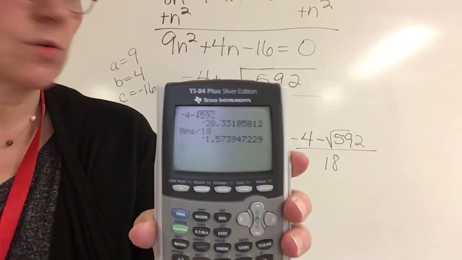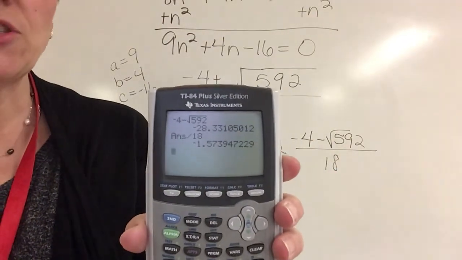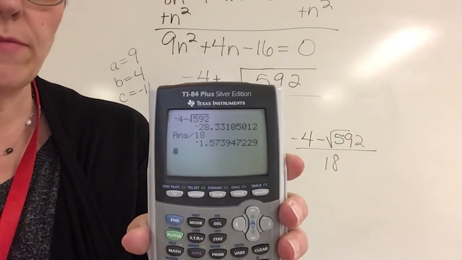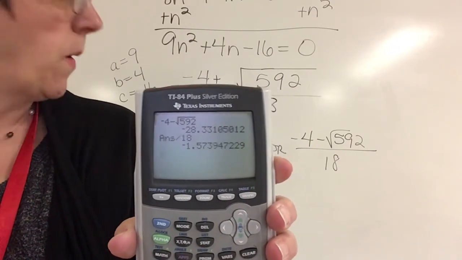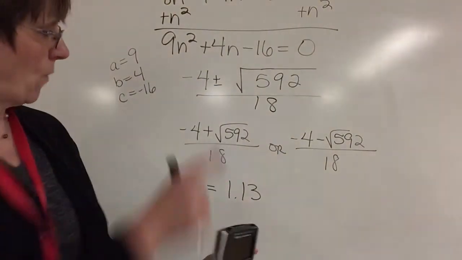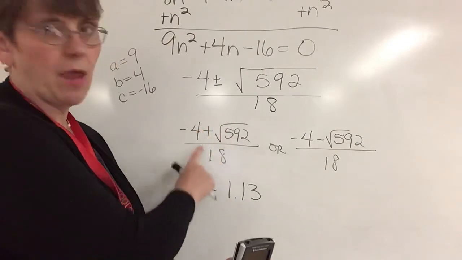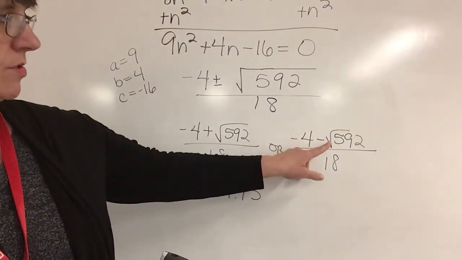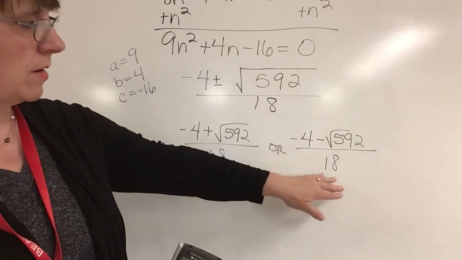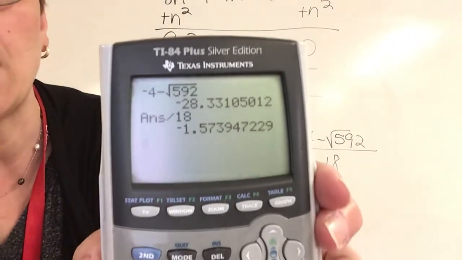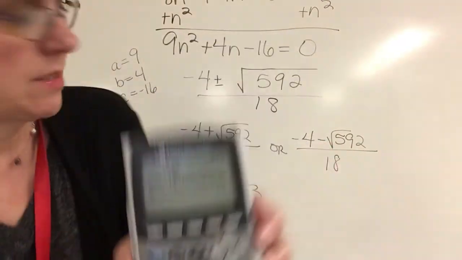No, adding the square root of 592 is much different than subtracting the square root of 592. The square root of 592 is bigger than -4 here. So that's why this one came out positive. But here I'm combining 2 negative numbers. So my negative is going to get bigger. Divide by 18, I'm still going to have a negative answer. And again, it was -1 and 57/100ths.